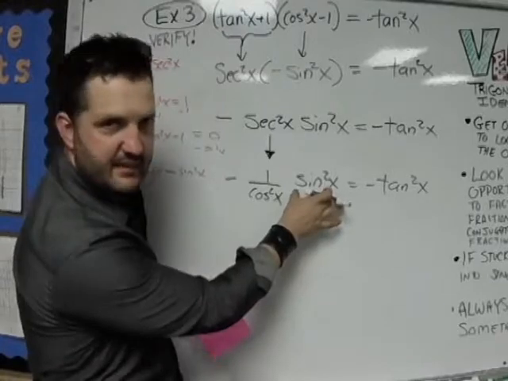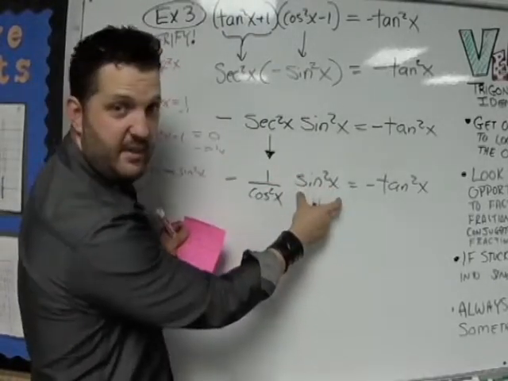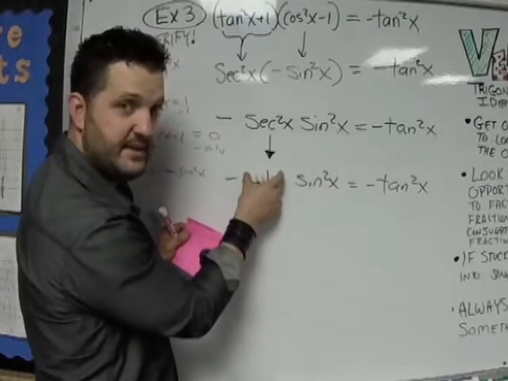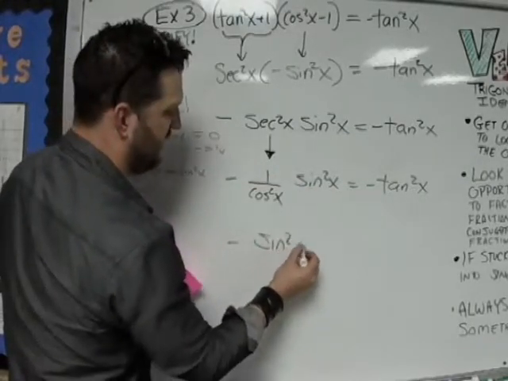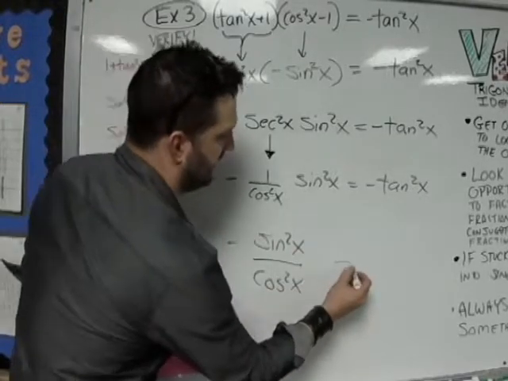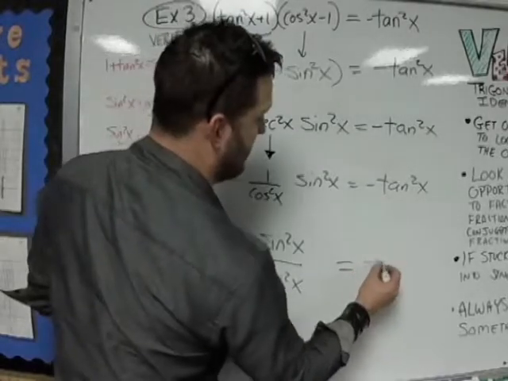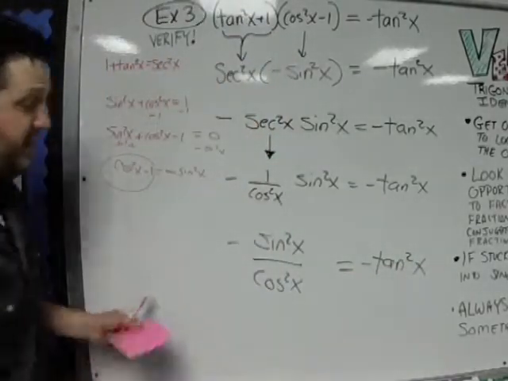And now what I can do is I take my sine squared x and this fraction, I multiply them together. Basically the piece out to the right can multiply up into the top, which gives me a negative sine squared x over cosine squared x. And again, I'm hoping I can make this look like negative tangent squared x. All right, and I'm here.